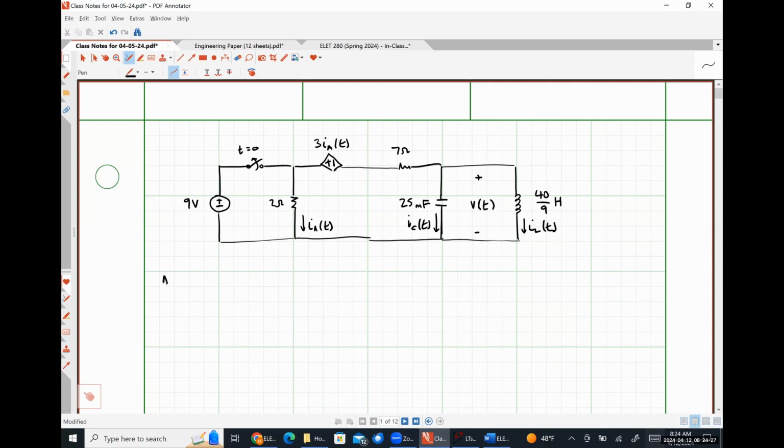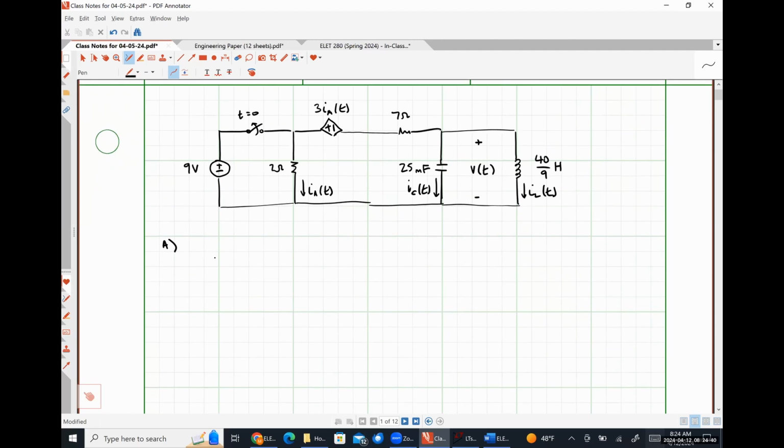All right, so first thing we're gonna do is exactly what the problem tells us to do. We're gonna analyze the circuit at t is equal to 0 minus. So at t is equal to 0 minus, our switch is closed and we are at DC steady state. So our circuit should look something like this. So here is our 9-volt source. We have our closed switch. Here we have a 2 ohm resistor.